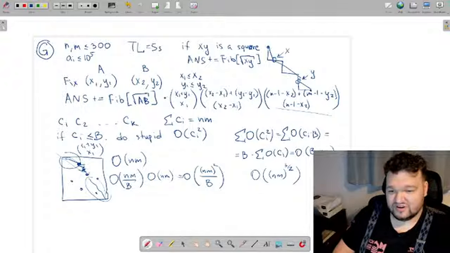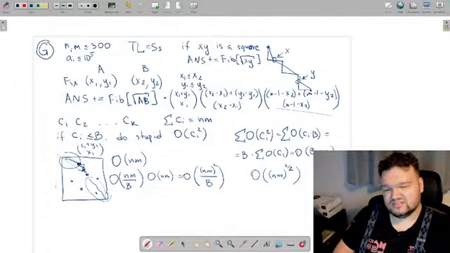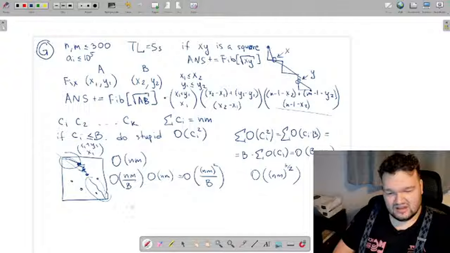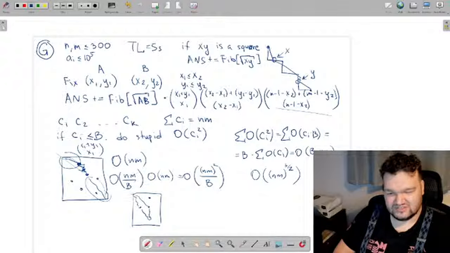So for every point in the grid, you will calculate, for this point, those are the starts. You will calculate how many ways there are to go through some start and arrive at this point.